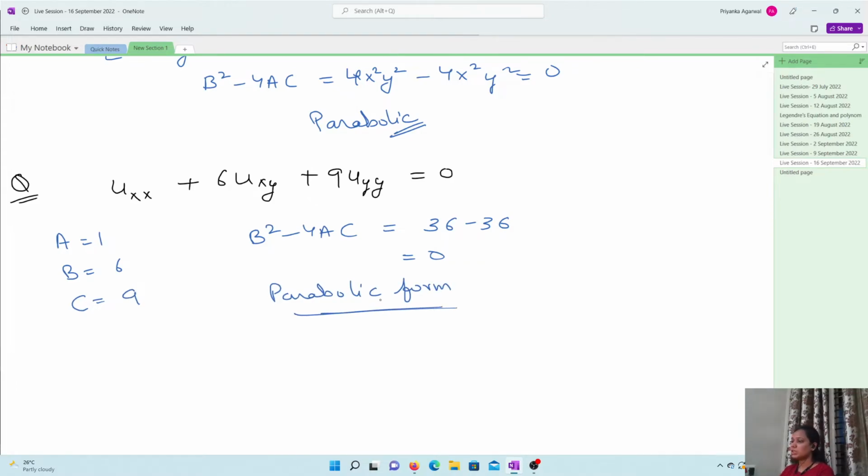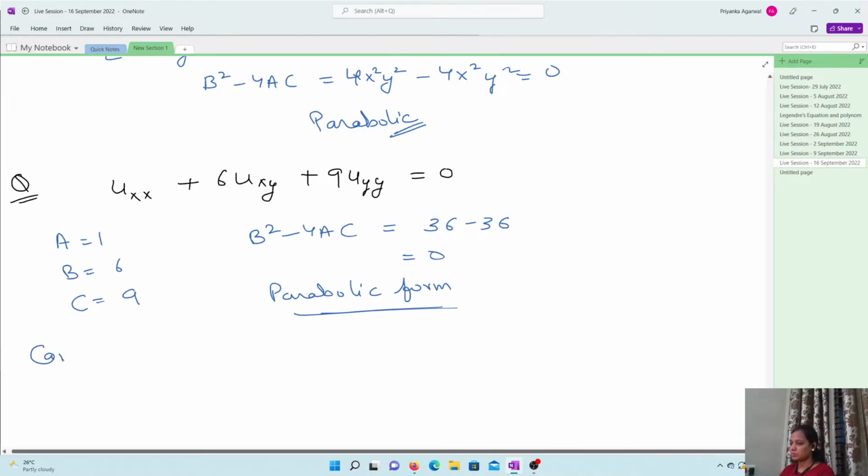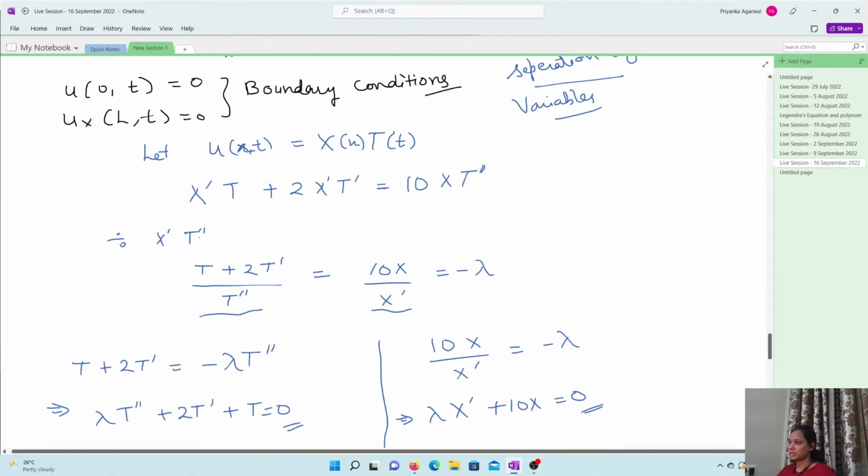Now we know what the canonical form for a parabolic equation looks like. So let's go back and see.